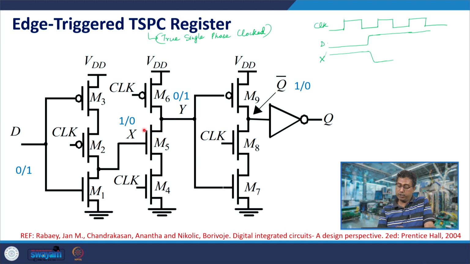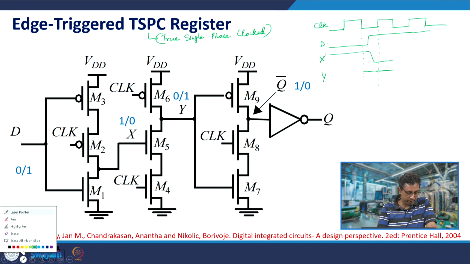X is now discharged, and therefore when clock turns high, Y would not change its value; Y would remain at VDD. This is an ideal timing diagram that I am drawing.